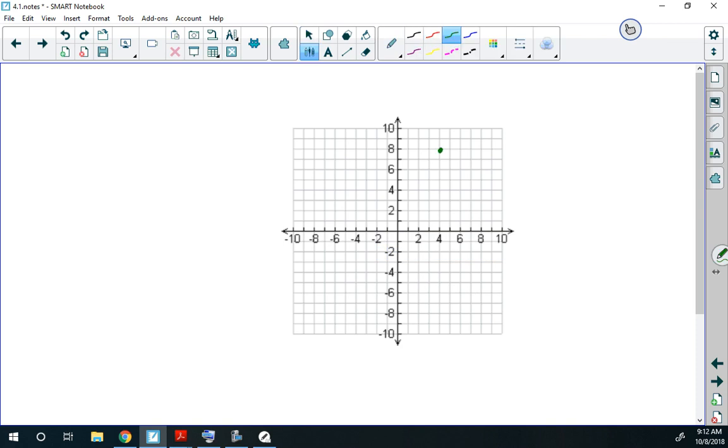Here's my vertex at the point 4, 8. Here's some point next to my vertex.